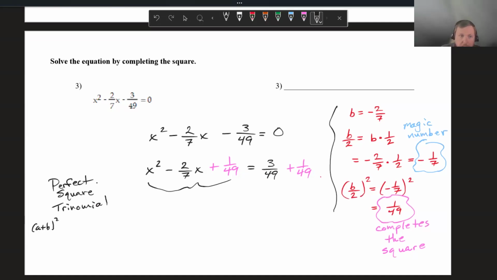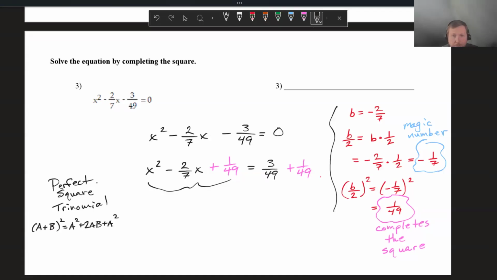Let me pick some different letters. I'll use capital A and B. So A plus B squared equals A squared plus 2AB plus A squared.